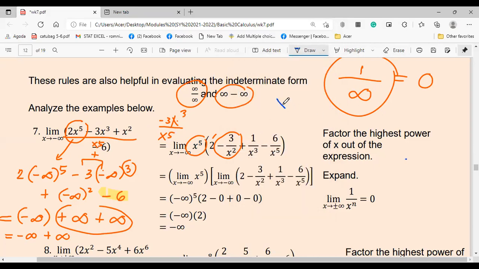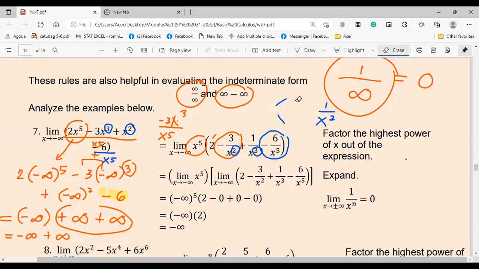In the rule of exponent, x cubed over x raised to 5 is equal to 1 over x raised to 2. That's why this is raised to 2. The other one is raised to 3, because 5 minus 2 is 3. Then divide the negative 6 by x raised to 5. So what happens? Negative 6 over x raised to 5 still.